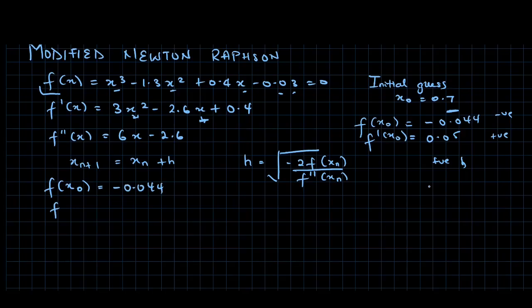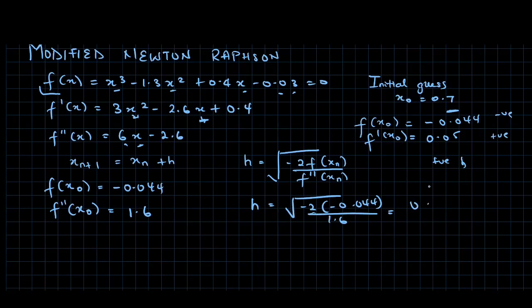And then f differentiated twice at x naught, that's 0.7. Put 0.7 into this point, it's going to give you 6 times 0.7 minus 2.6, which is 1.6. So therefore h in this case will be equal to the square root of minus 2 times minus 0.044 over 1.6, which is going to give you 0.234521.